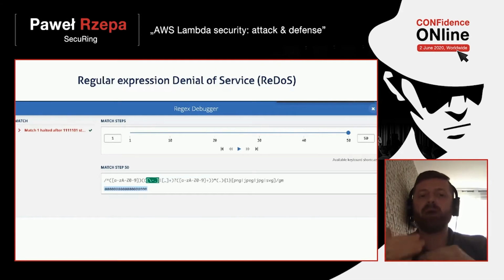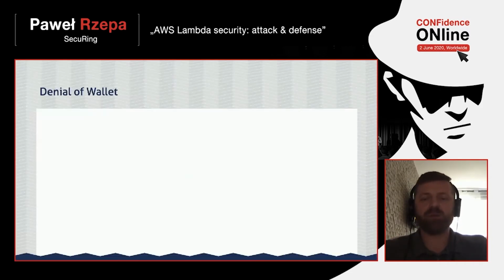So the number of those decisions rises exponentially. The thing you should know is that most regex engines support backtracking, however, not all of them. For example, in the Go language, the regex engine doesn't support backtracking, so such a ReDoS attack wouldn't be possible.